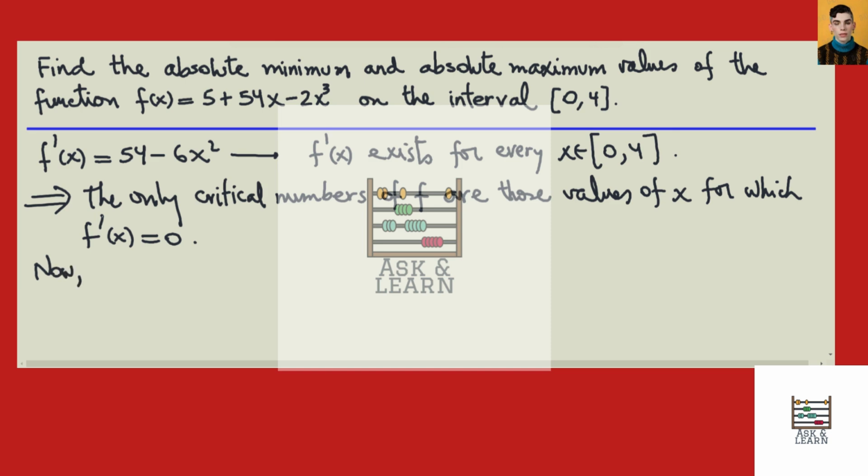So when we solve this equation, we are finding all the critical numbers of f. So we start with this equation, f derivative equals 0, and that's the same as 54 minus 6x squared equals 0. And then it's the same as 6x squared equals 54.